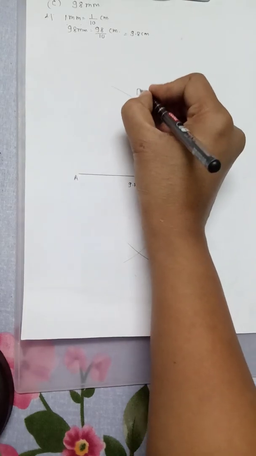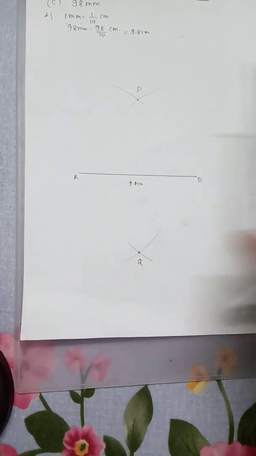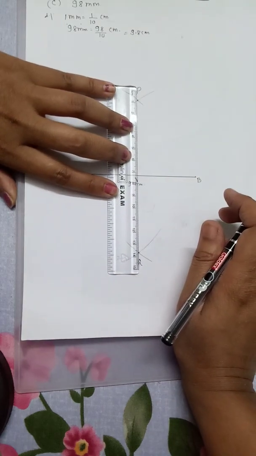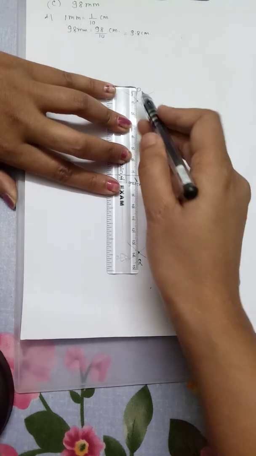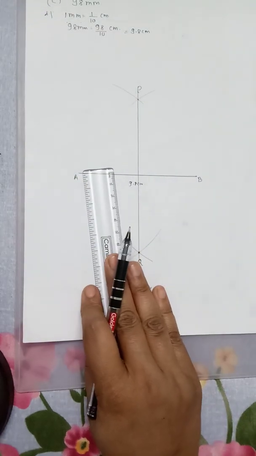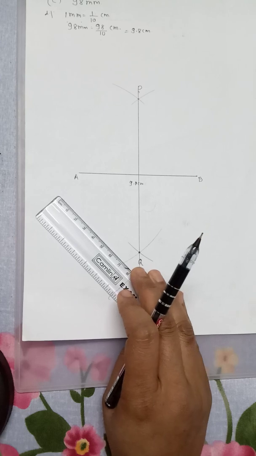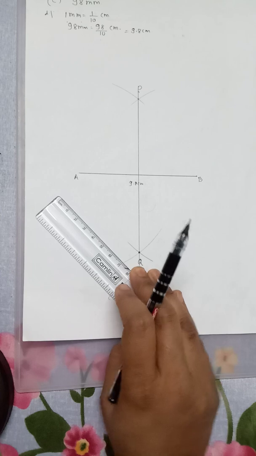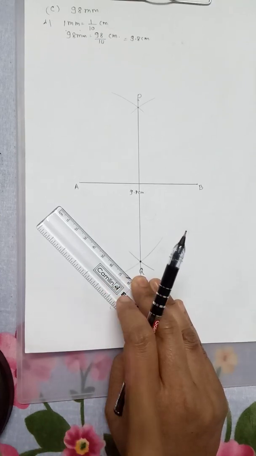We can name them P and Q. Now I have to join these two intersecting points to get the perpendicular bisector of line segment AB, 9.8. So this is your perpendicular bisector of this line segment. So this is the solution. This was question number first, C part.